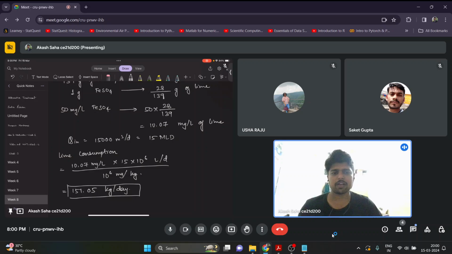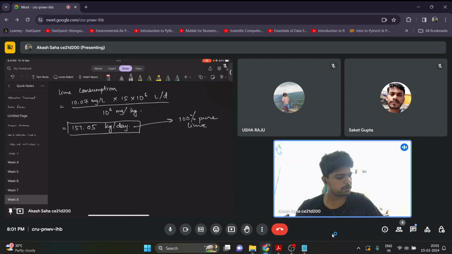But this much lime is required if lime is 100% pure. In our question, it is given as only 87% pure lime.